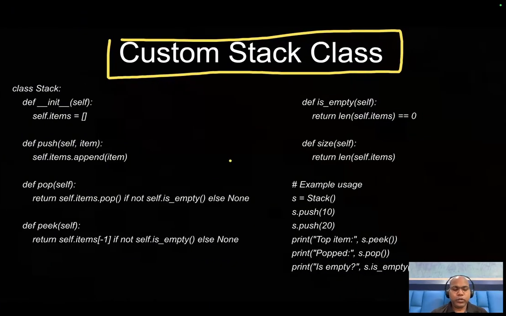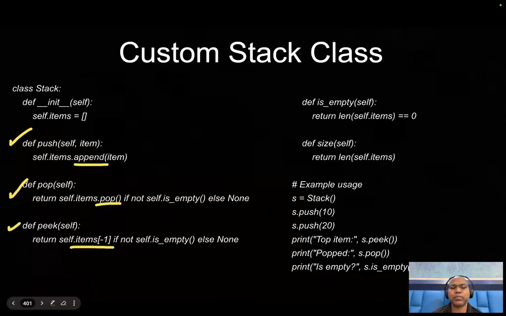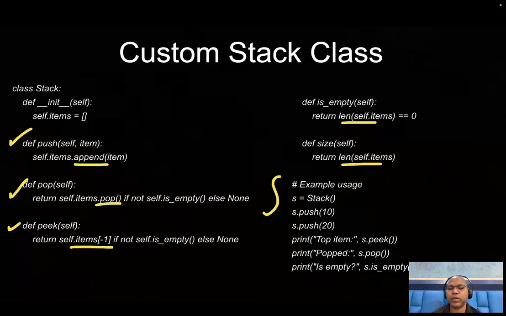Here we define the push method, just append, pop method just pop, peek method just item minus one, length is the length, size the size. So all these operations are a very simplified way to implement the stack data structure in Python using a list.